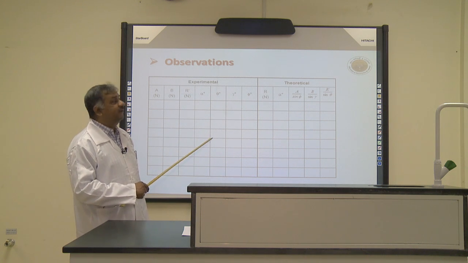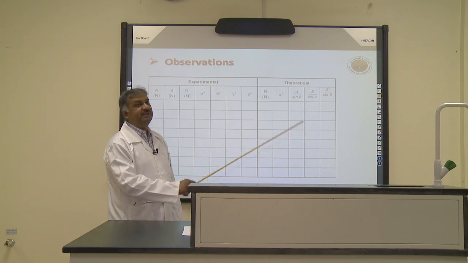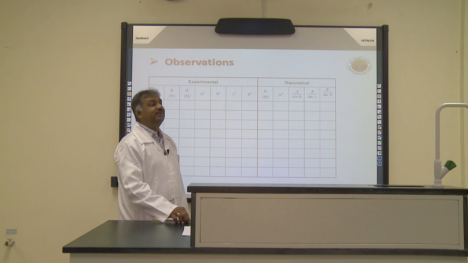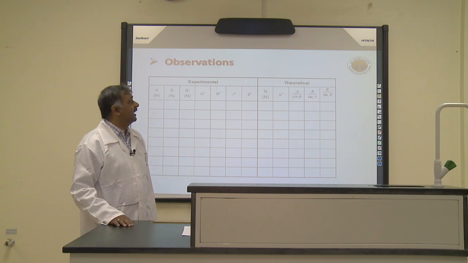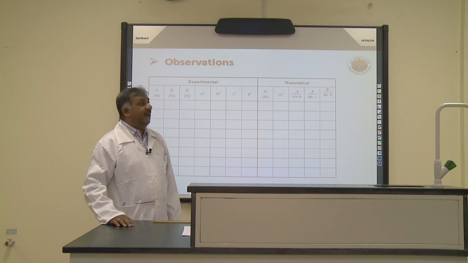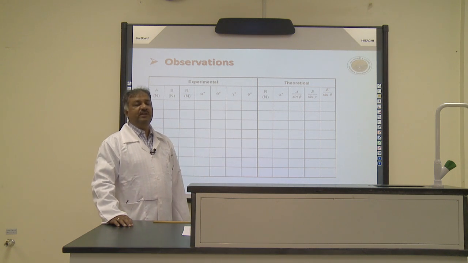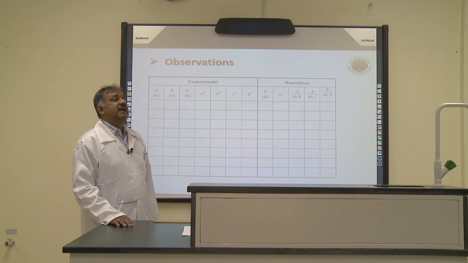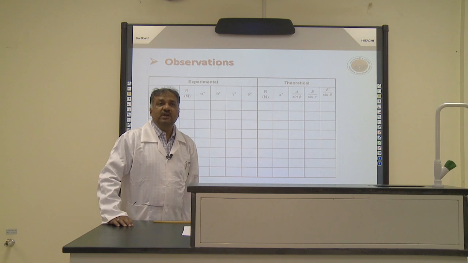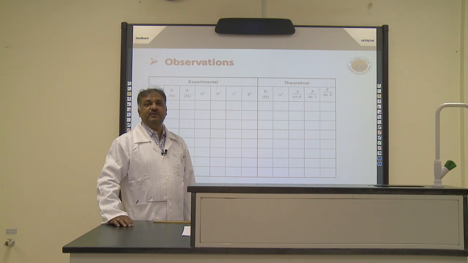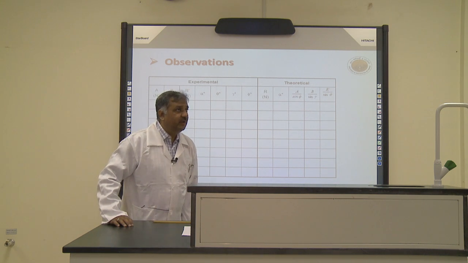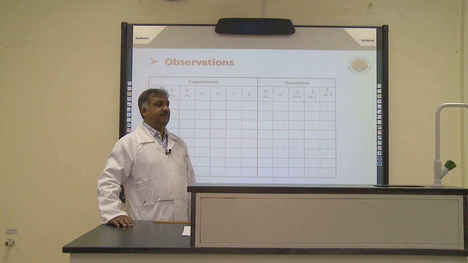Then the same values you will calculate by using the formulas of R and alpha, and then the last 3 columns are shown to you. These last 3 columns are Lami's theorem, or law of sines, which you are going to verify in this experiment.